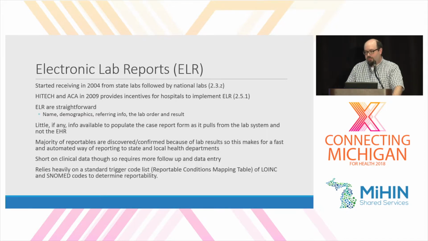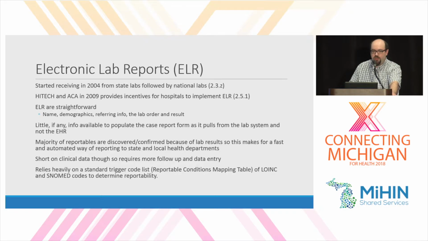The control of these and the triggering of these messages rely heavily on trigger code lists. Basically, at the time, of course, this is before a lot of introduction of Salesforce or anything similar, it was done through an Excel file called the Reportable Conditions Mapping Table.